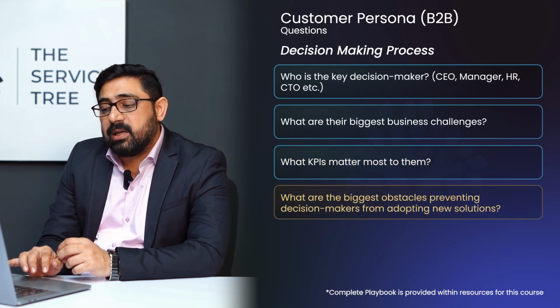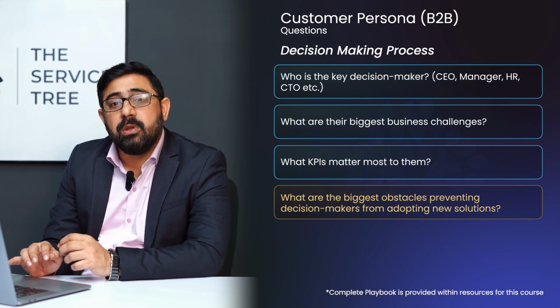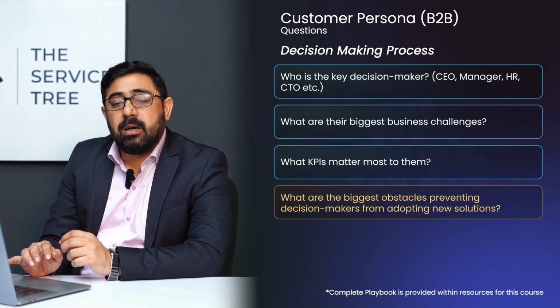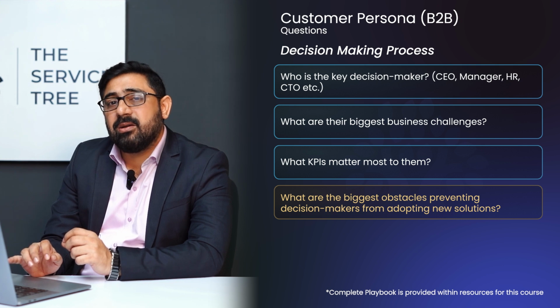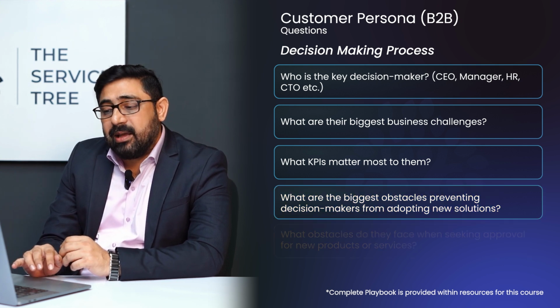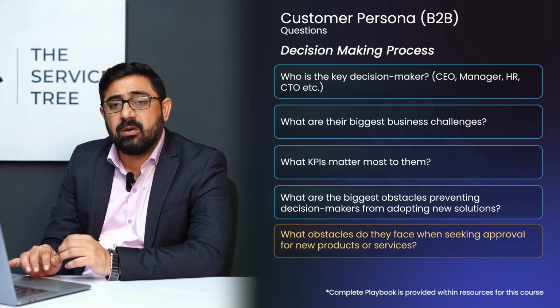What are the biggest obstacles preventing decision makers from adopting new solutions? Because they might be facing a lot of issues, but they are still reluctant to buy a solution from a third party. And then what type of obstacles do they face when seeking approval for new products or services?